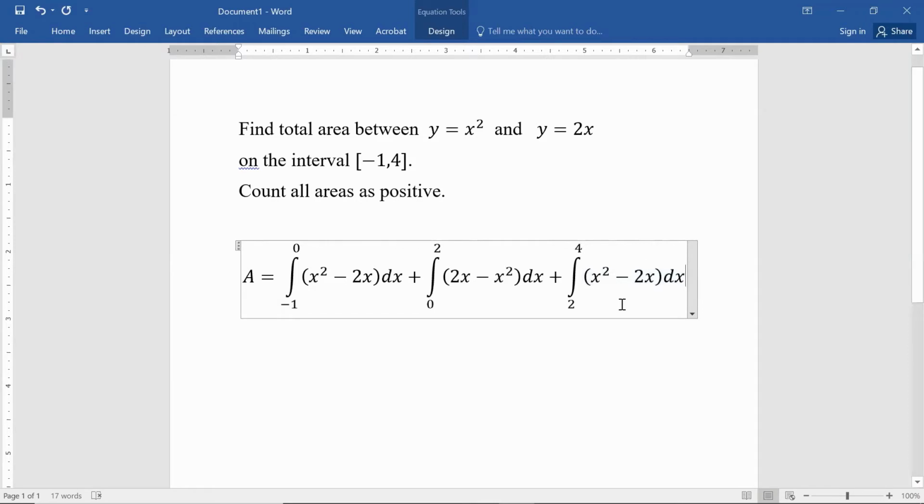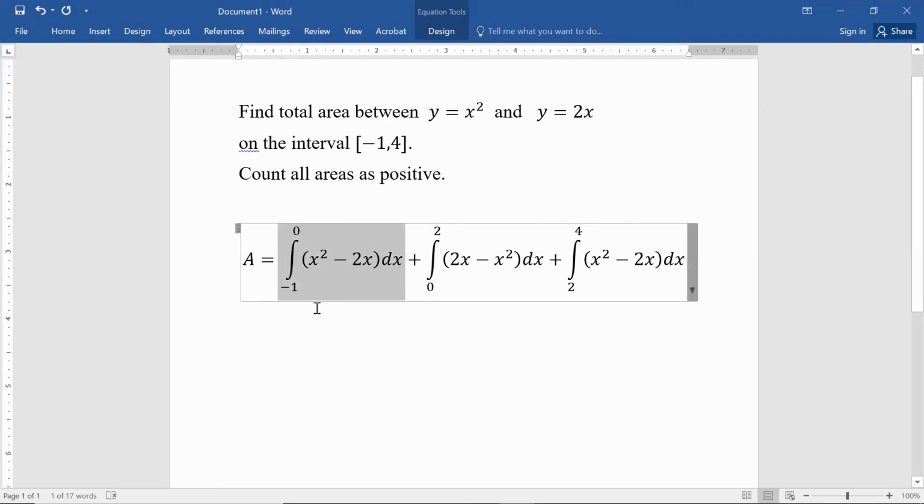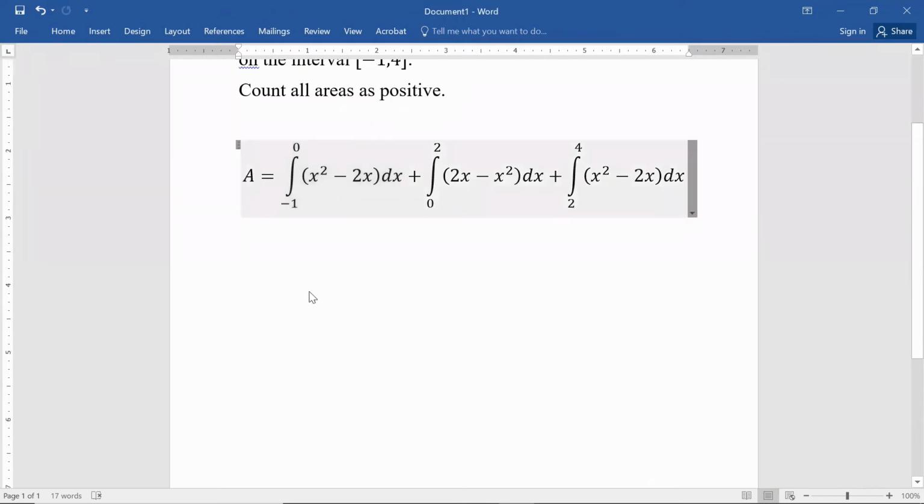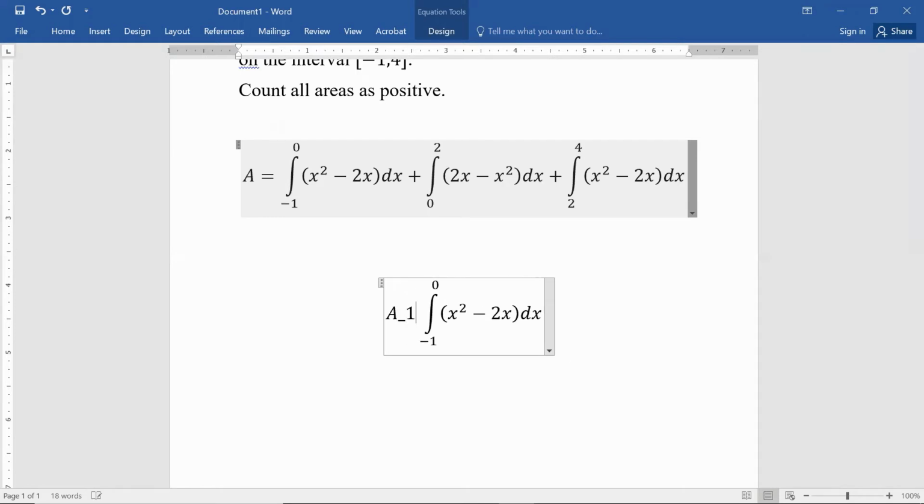When doing the integration, you can do this all on one line, or you can do the 3 integrations separately. I think for the sake of just looking at it, I'm going to do the 3 integrations separately. I'll call this area 1, this one area 2, and this one area 3.